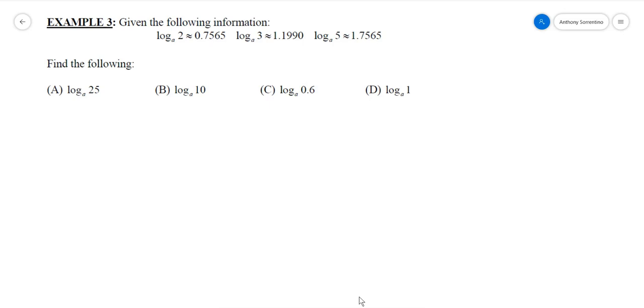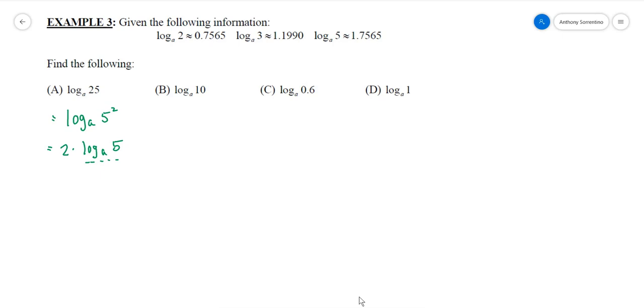So what I'm looking at here is, well, I don't have 25, but what I do have is that this is the log base a of 5 squared, which we know from our power property is going to be equal to 2 times the log base a of 5. So if I know what the log base a of 5 is, I could solve this problem, and I do know that.